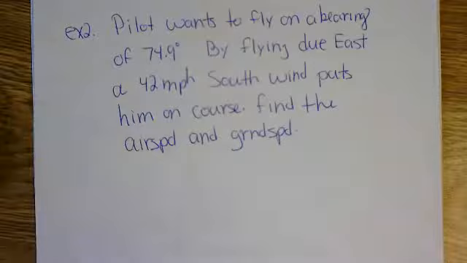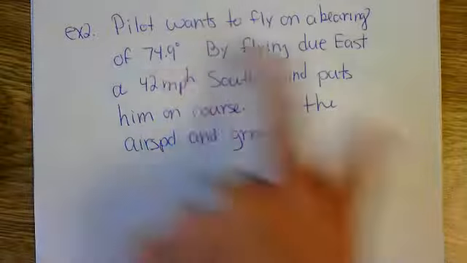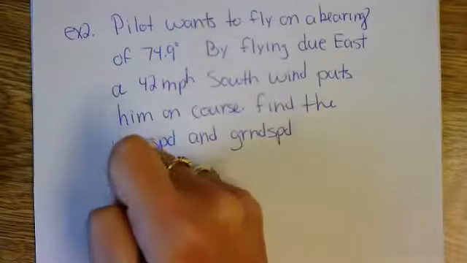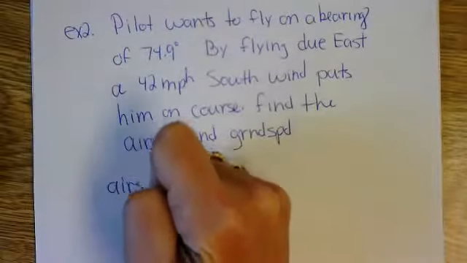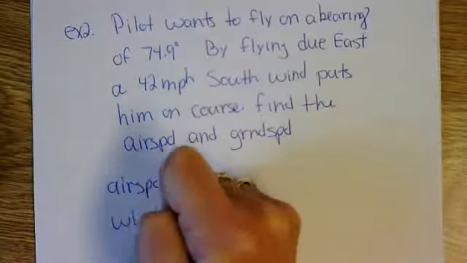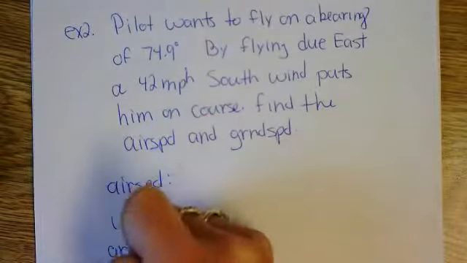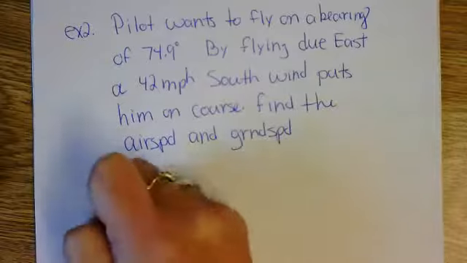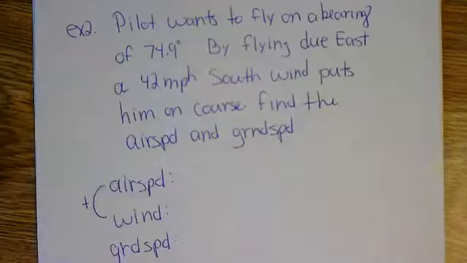Okay, so let's see what all this information is here. Remember, we've got three vectors: airspeed, wind, and ground speed. So I'll identify them. Remember, it's these two added together to give you this one.